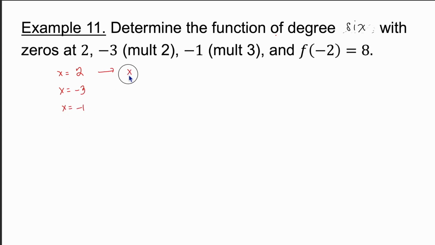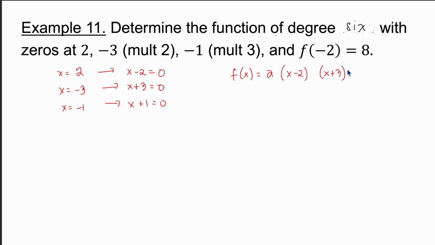This translates to x minus 2 equals 0. This is now x plus 3 equals 0. And this is now x plus 1 equals 0. So f of x now equals a times x minus 2, isa lang yan. X plus 3, dalawa daw yan. And x plus 1, tatlo yan.